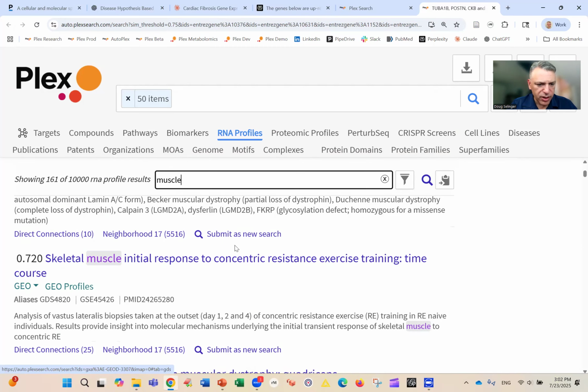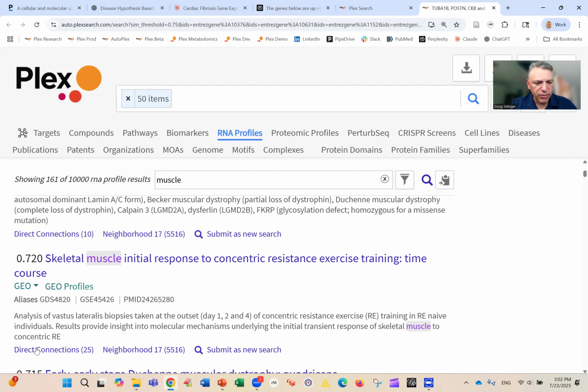There's that first one that we saw. There's also this other study of skeletal muscle. So again, more evidence that this is muscle-based and a considerable amount of overlap here. So by leveraging all this other data, and here I'm only focusing on the RNA profile category, and you can see in the result there's actually quite a bit more.